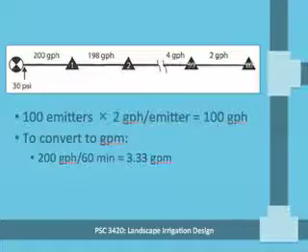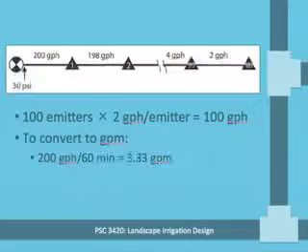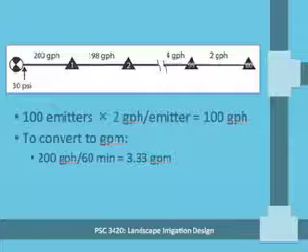Now it's important to remember that the flow in the pipes and the tubing has to be known before the total system pressure can be determined. And in the example so far, the flow to each emitter or sprinkler was given, but what if you didn't know that? Consider the situation where you're designing your own irrigation system. You're going to be looking at all of the options as far as sprinkler components and what you might choose.